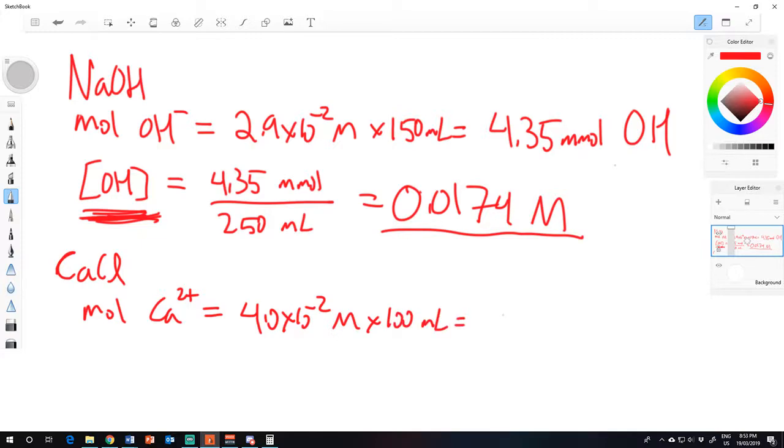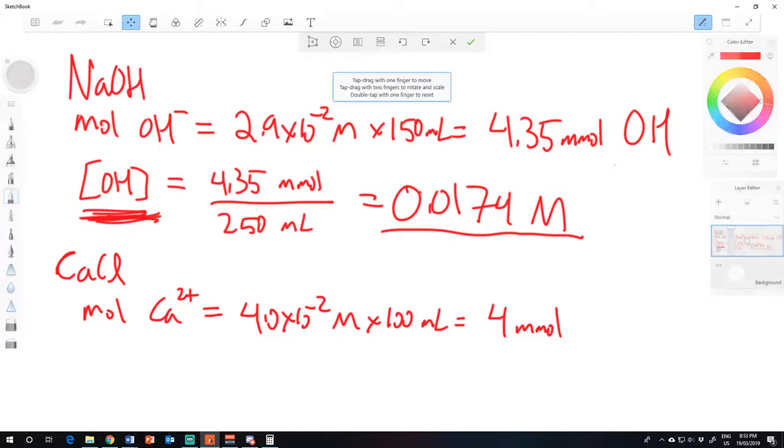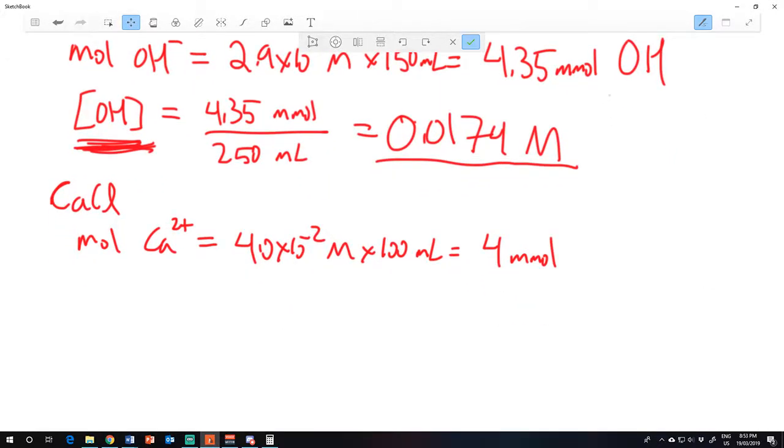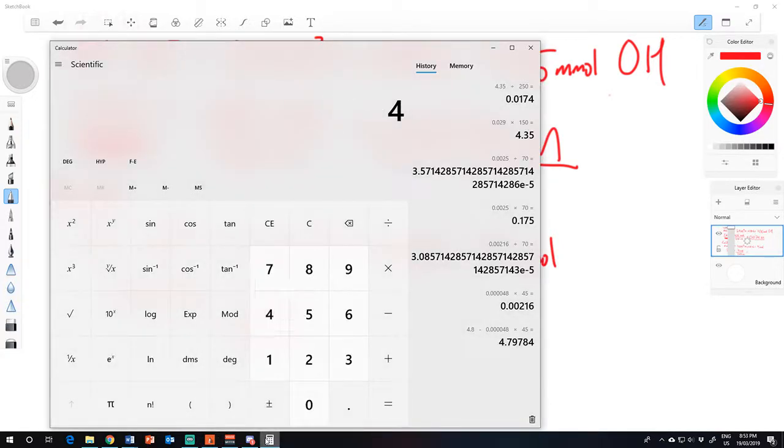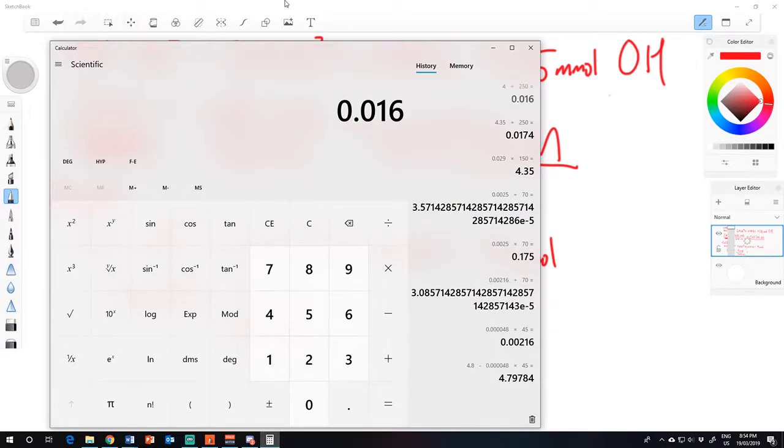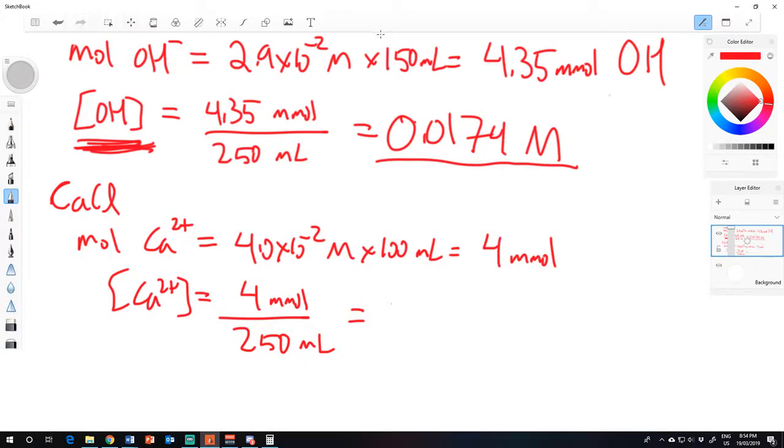So this will be 4 millimoles. And then the concentration of calcium will be the 4 millimoles divided by 250 milliliters, which will end up being 4 divided by 250, 0.0166 molar. There we go.